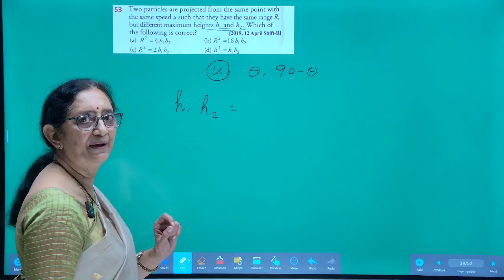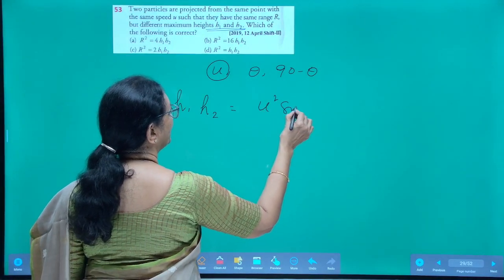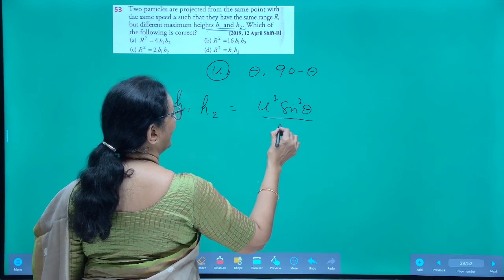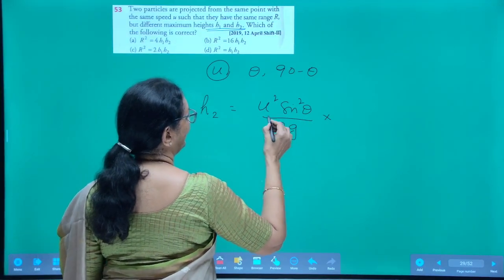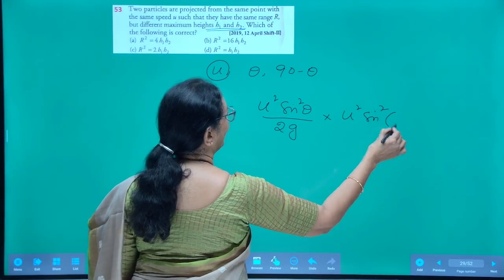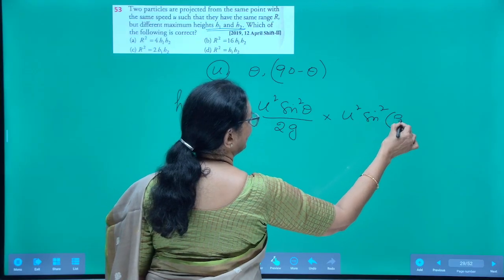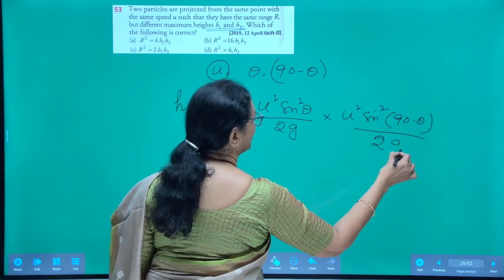In case of a projectile, maximum height reached is u square sin square theta by 2g. H1 is u square sin square theta by 2g. H2 is u square sin square of the angle of projection in the second case, 90 minus theta, by 2g.